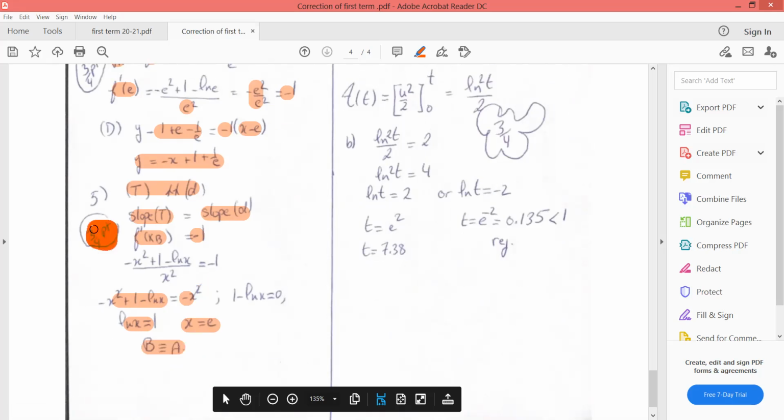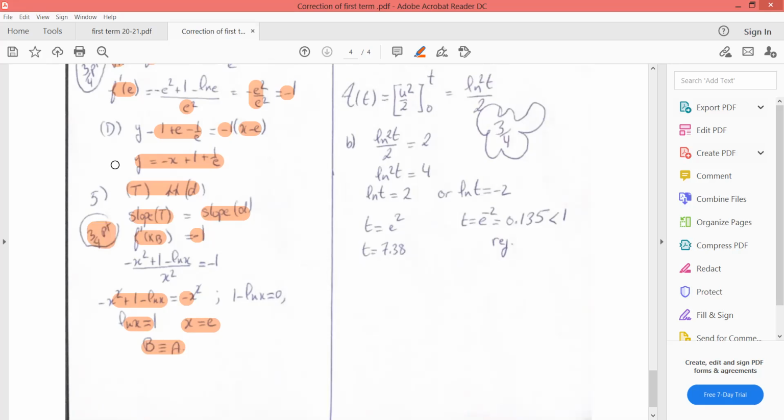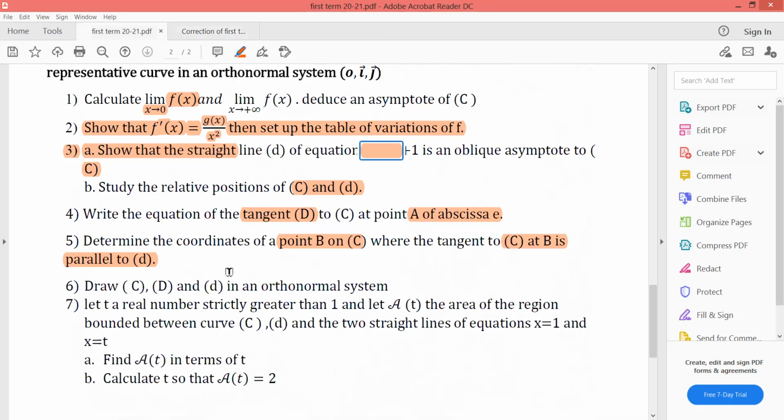That's all about this part. Draw C, D, and D in an orthonormal system.